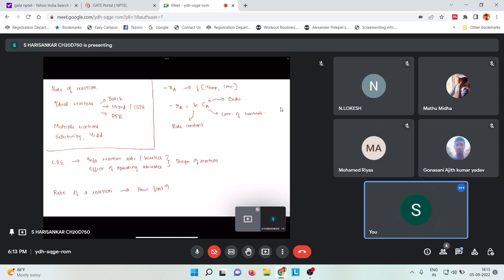This rate can also be defined as follows: (1/V)(dN_A/dt). This is another basic representation of rate, where V is the reaction or reactor volume, dN_A is the change in number of moles of reactant A, and dt is the change in time.